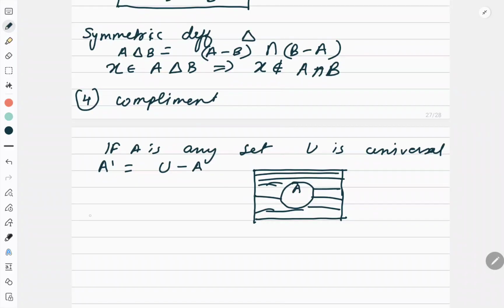So if I say that an element belongs to A complement, it means that it does not belong to A. As simple as that. Understood?